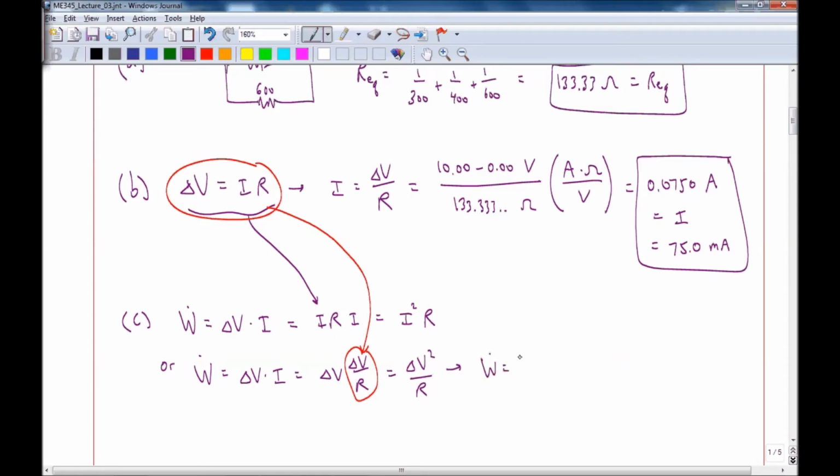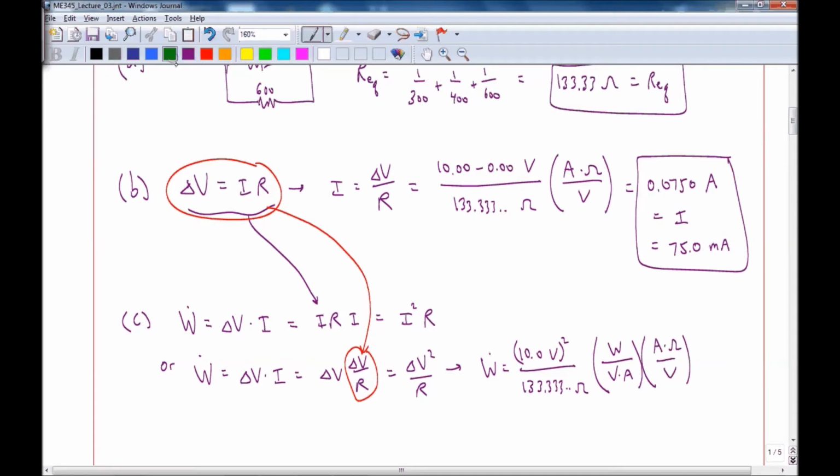Let's pick the second one, 10.0 volts squared over 133.333 ohms. Unity conversion factor, a watt is a volt times an amp, and an amp times an ohm is a volt.